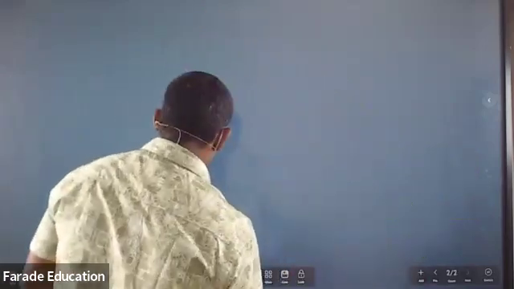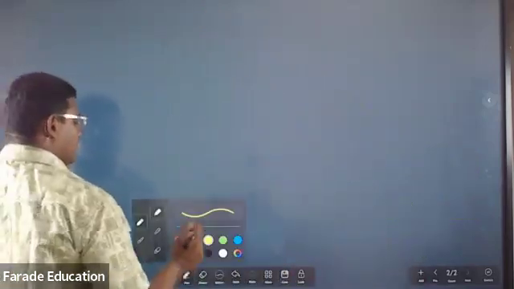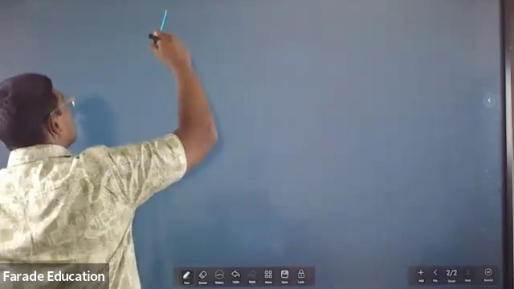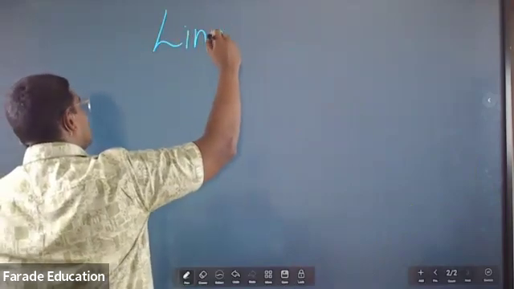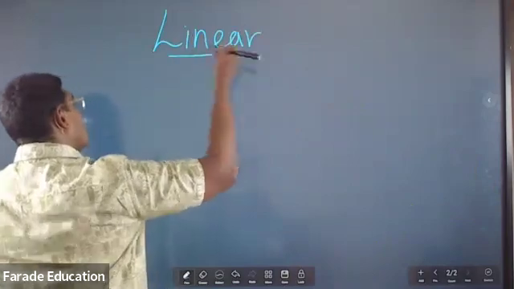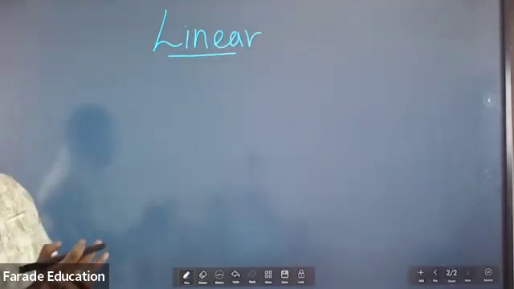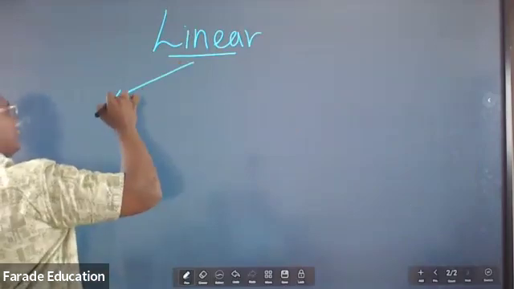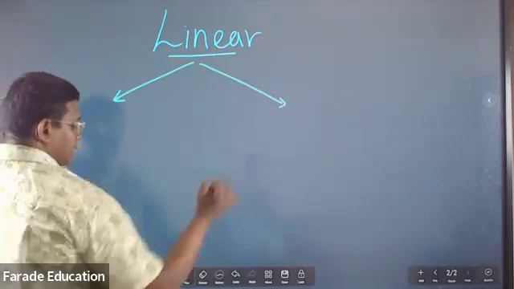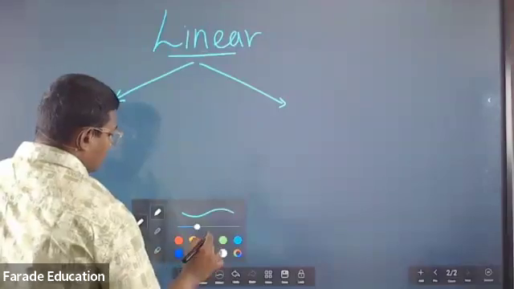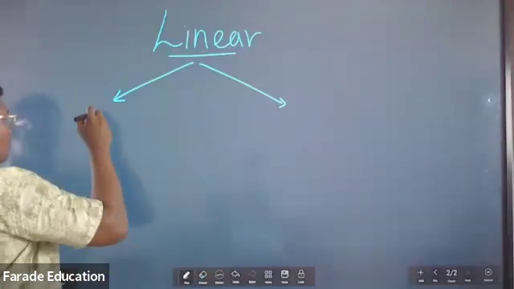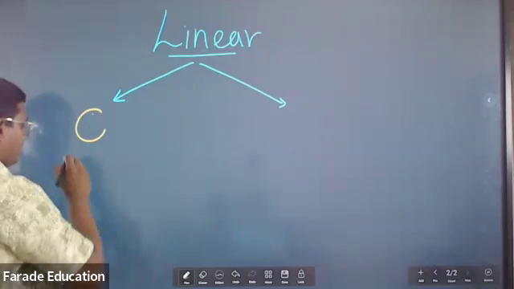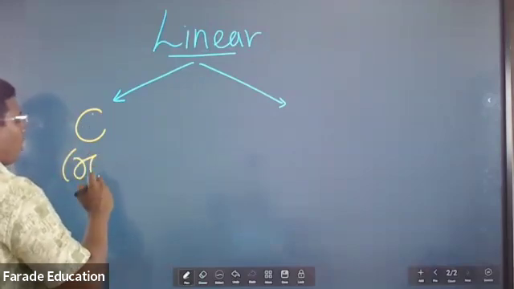So here, now we are looking specifically into linear graph. When we are looking at linear, there are two types of questions that we get in the part 1A. The first type is when the intercept and one point is given.